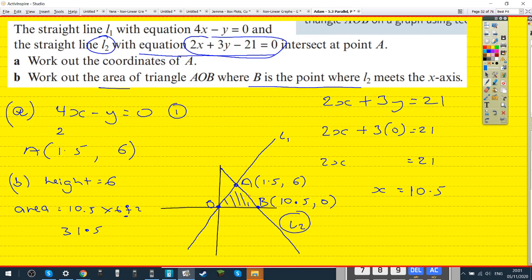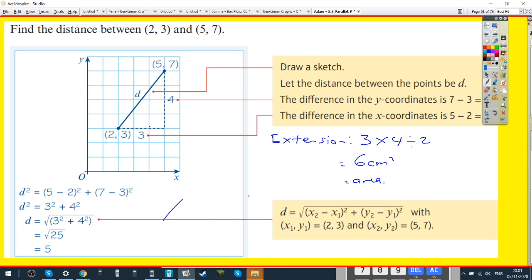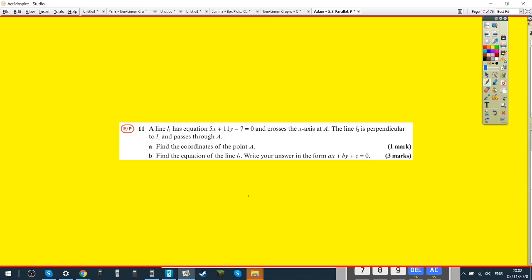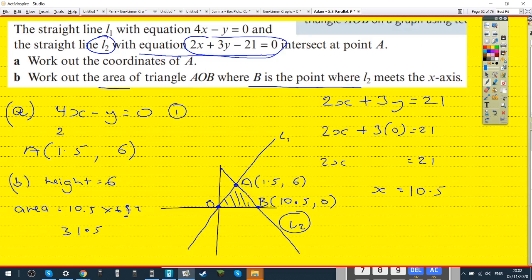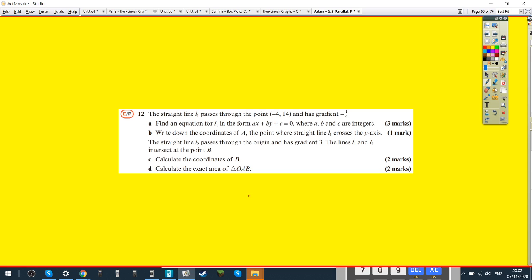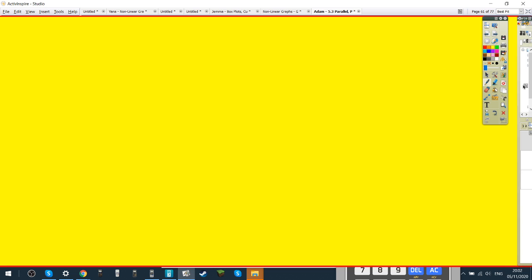Area is a half times base times height, but it might be in terms of coordinates, so you just have to figure out the base and height. The length of a line is Pythagoras, but it looks weird because it's got the formula, but don't let that throw you. So for that stuff, what do you give yourself? Probably between a tick and a half.